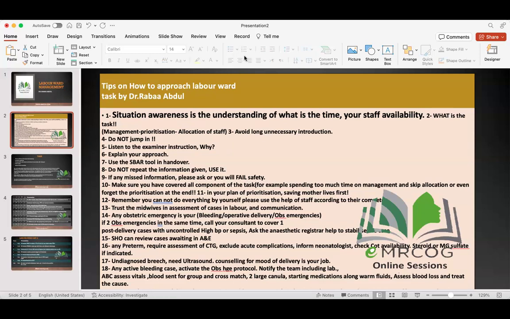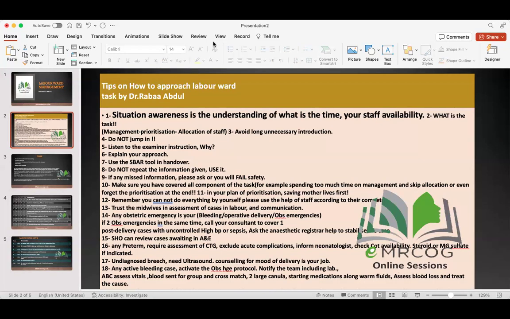So yes, the workload is so much, there is shortage of staff, and this problem is all over the UK. And what you can do to be a safe doctor is to prioritize the cases. You can identify the top emergency cases and go for them first.